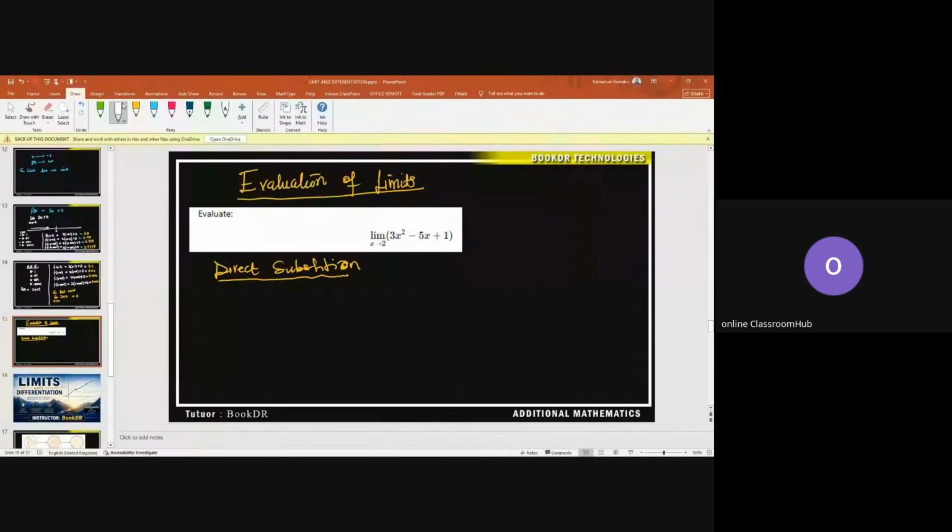And what does it mean by direct substitution? We are given the limit to find the limit of 3x squared minus 5x plus 1 as x approaches 2. When you say direct substitution, it means that the 2 should just be substituted into the function.